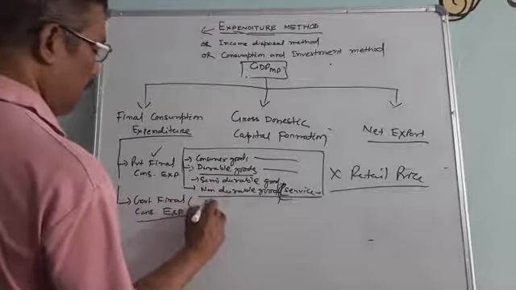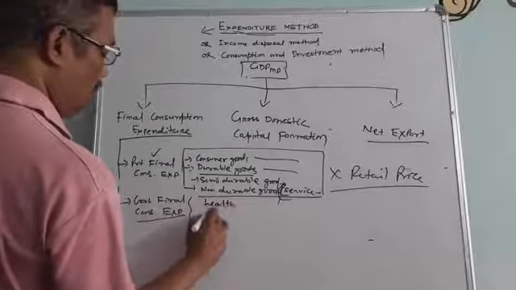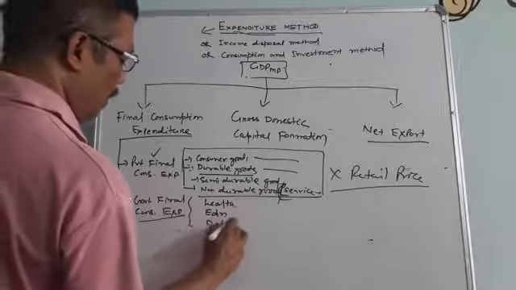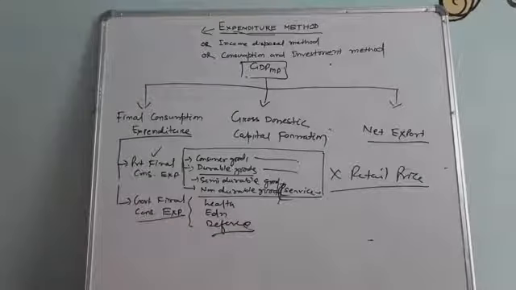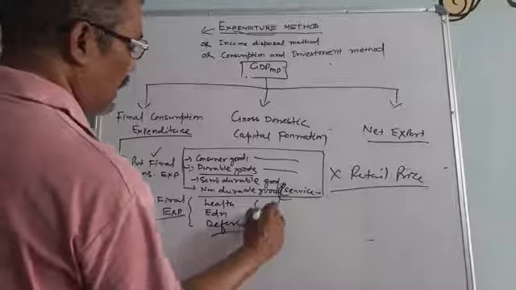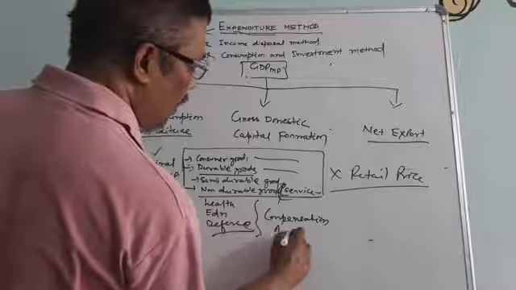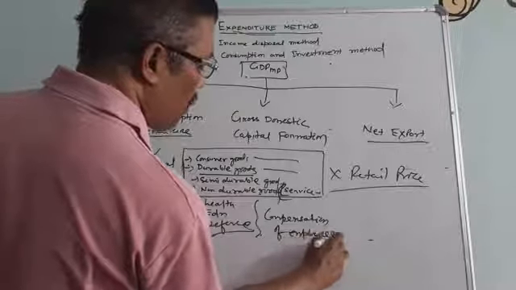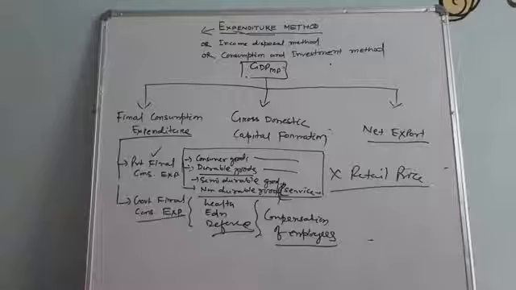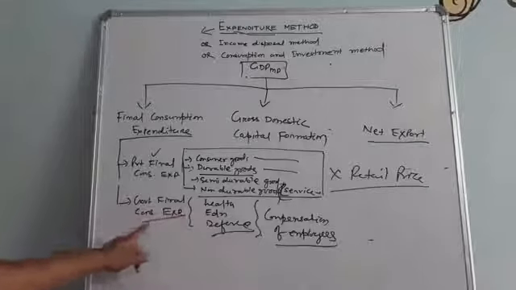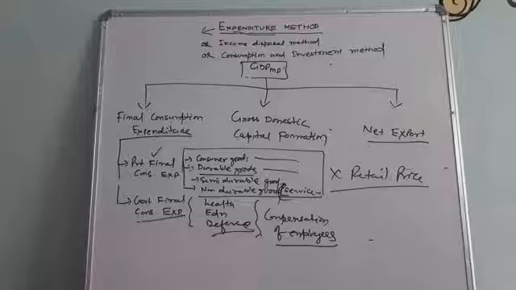Like health, education, defense, etc. These are the different kinds of expenditures incurred by the governments: health, education, defense. The expenditure on compensation of employees. These are the heads of government final expenditures.